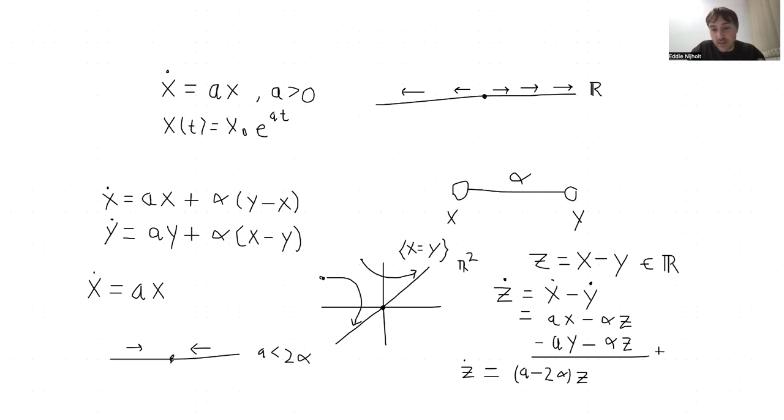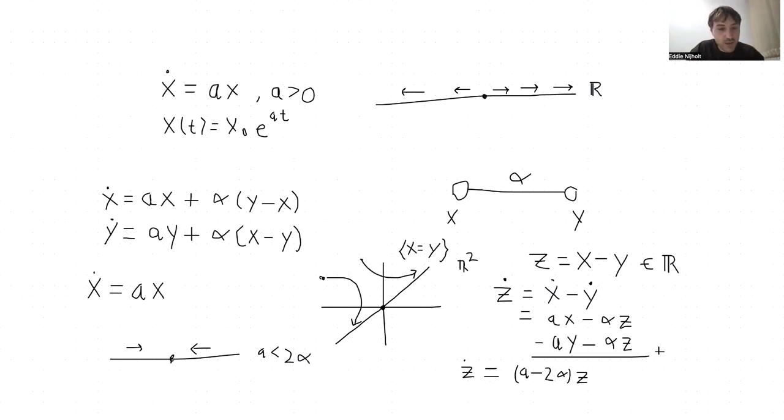And of course, if A minus 2 alpha is precisely zero, then the z variable is stationary, but this is of course very degenerate. The chances are absolutely zero that if you do an experiment and you pick your alpha, that you picked it exactly equal to A. So this is a degenerate case.